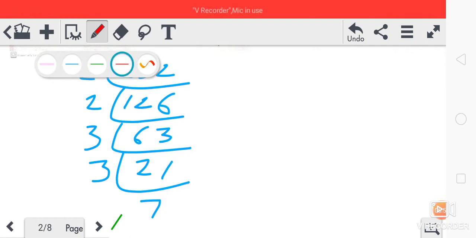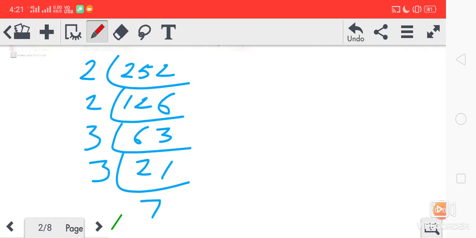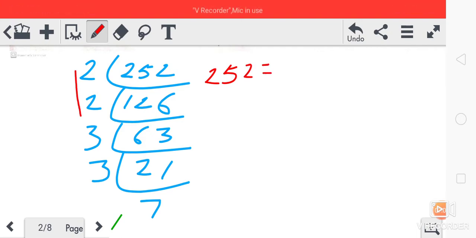Now what are we getting? After doing the prime factorization of 252, we get 252 is equal to 2 into 2 into 3 into 3 into 7.